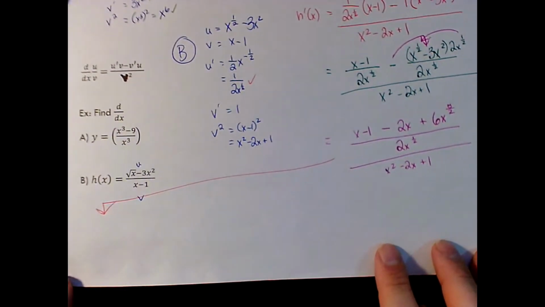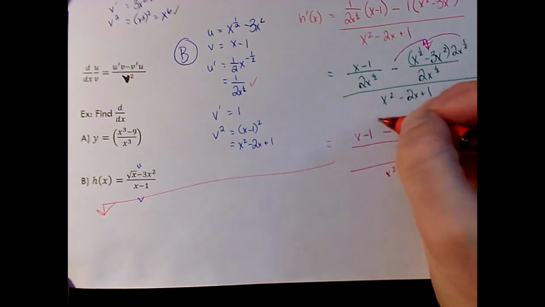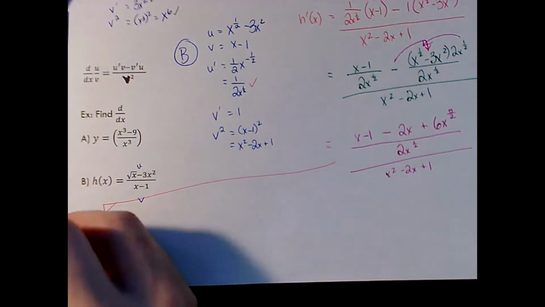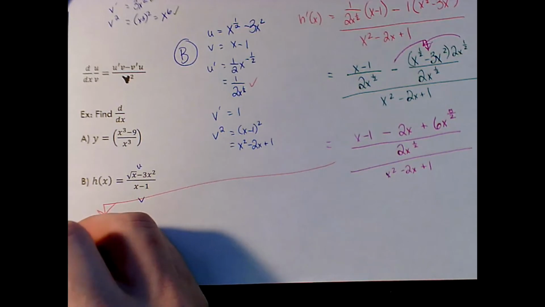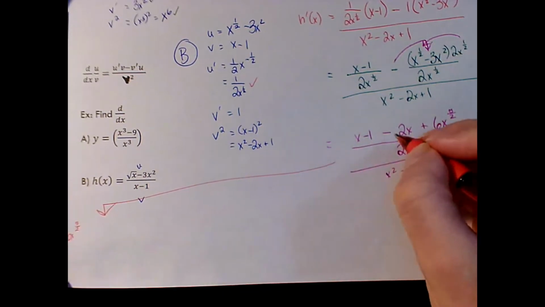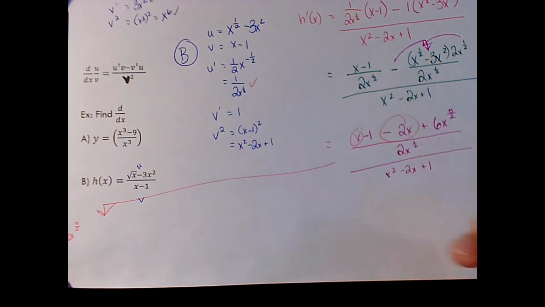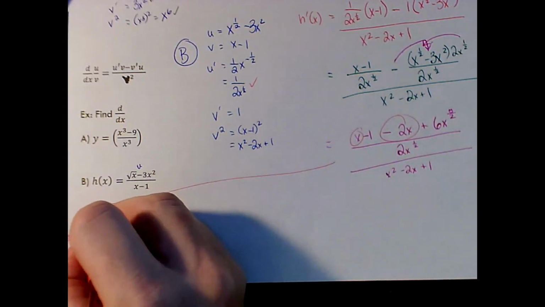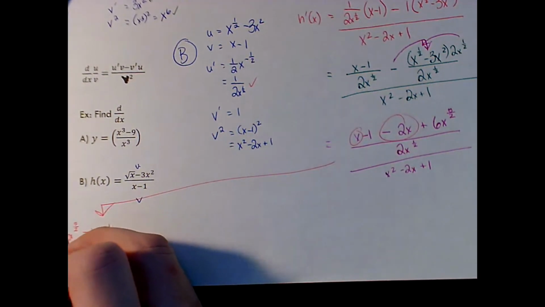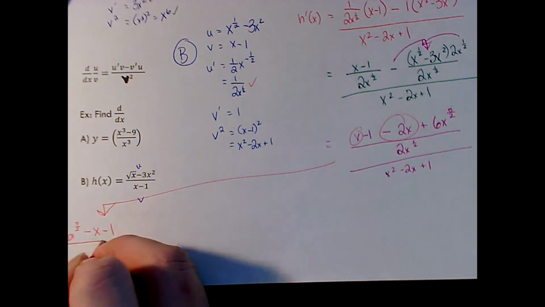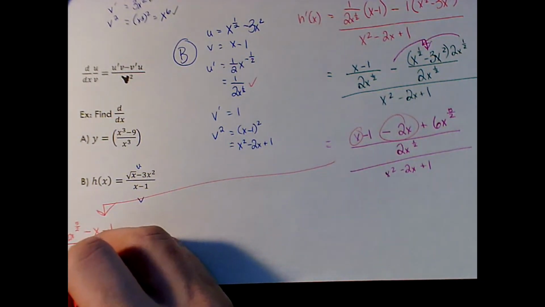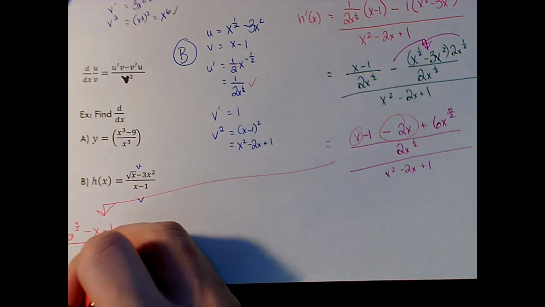Going to move that over there. This becomes negative x, so I'm going to reorganize things. 6x to the 5/2. These guys combine to make negative x minus 1, over 2x to the 1/2.